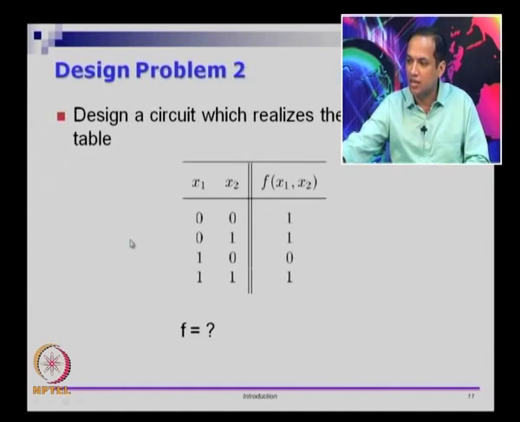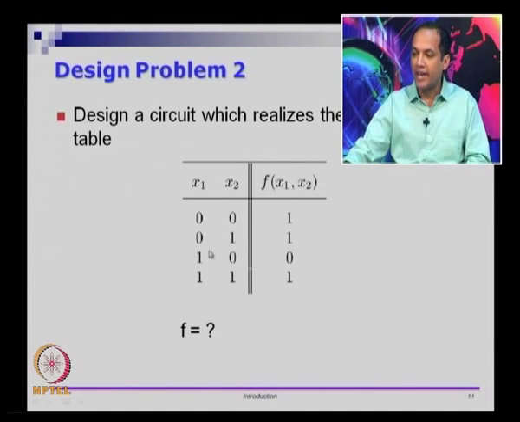Let us go back and check the table. Wherever there is a 1, either x1 must be false or x2 must be true. So if I take this row, x1 is false, so this is a 1, in this row also x1 is false, so this is a 1, so this is okay. In these 2 rows x1 is false is not correct, so x1 is actually true in these 2 rows, however x2 is true only here, so that row gets a 1 and the other row gets a 0.